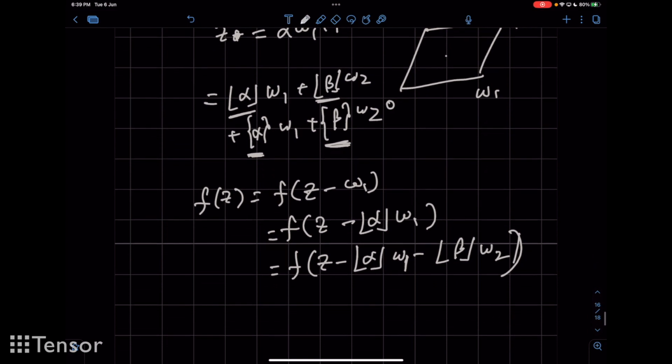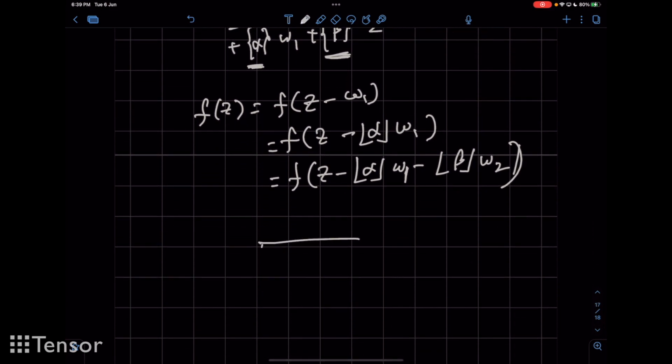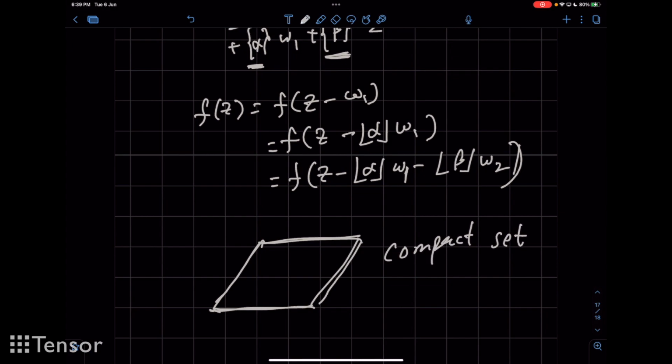Now, this parallelogram, including the boundary as well, is what we call a compact set. A compact set is basically a closed set and bounded.